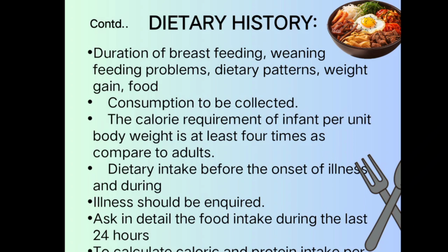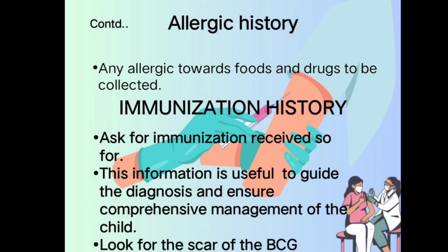Next is allergic history and immunization history. So in allergic history, we will be asking whether they have any allergy towards food or any drug, because once we know it beforehand, we can prevent the major signs and symptoms or major complications in the child. Next is immunization history, that is we'll ask about the immunization status.